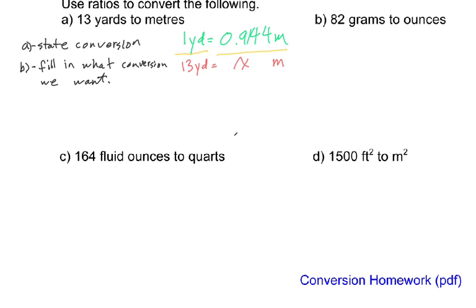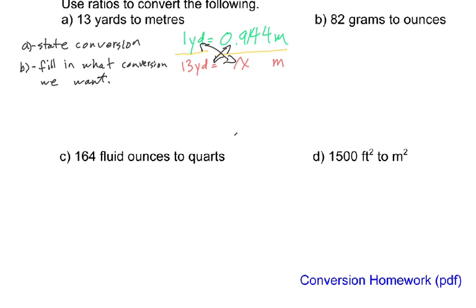So let's do that. The arrows say you're joining those opposite things. So we're going to connect and multiply 13 times 0.9144, and we're going to have 1 times x.